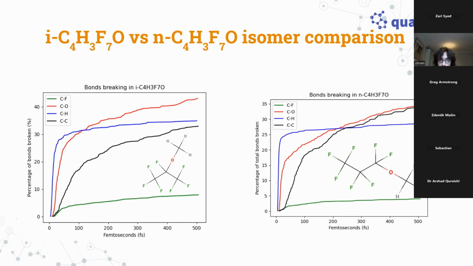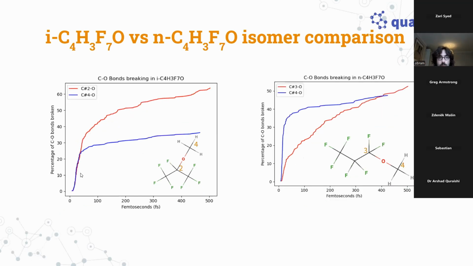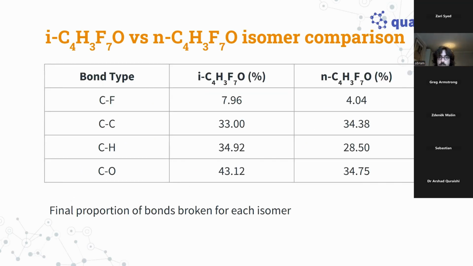We see that there's more of the carbon-oxygen bonds being broken in the I isomer. There's a greater number of carbon-fluorine bonds being broken. And we can summarize this in this chart here.